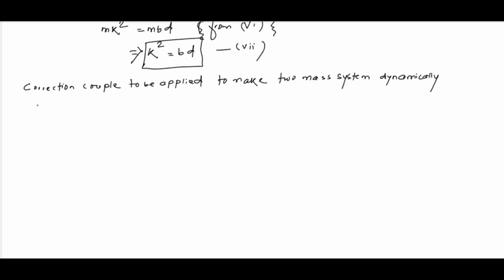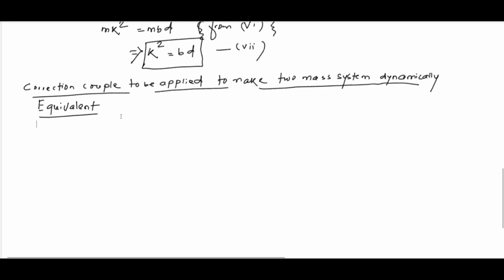Correction couple is a very important term that we will be using for converting any system into a two mass system that is dynamically equivalent.